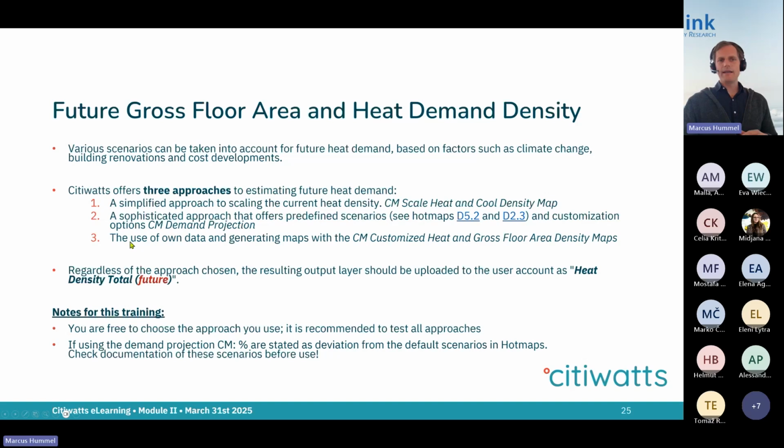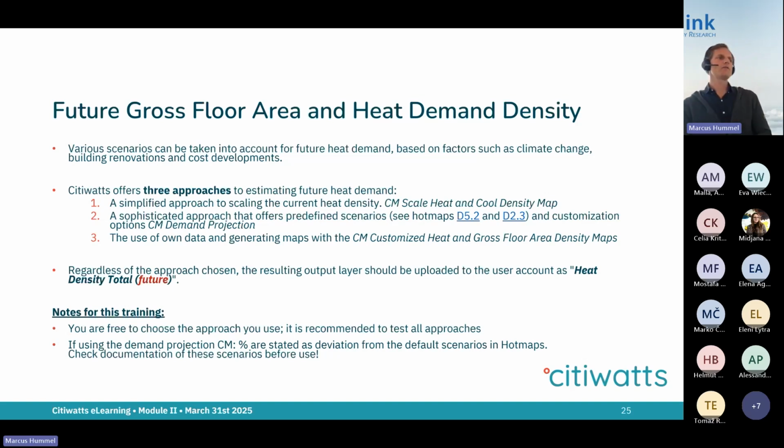And number 3, again, you can use your own data, so you can integrate assumptions for different typical buildings, regarding renovations, also regarding new developments, regarding demolition in your own data set.